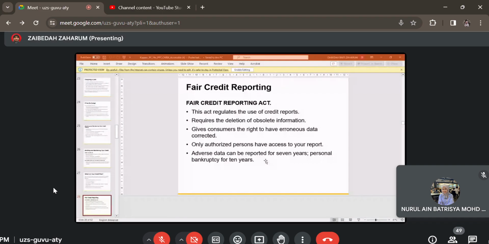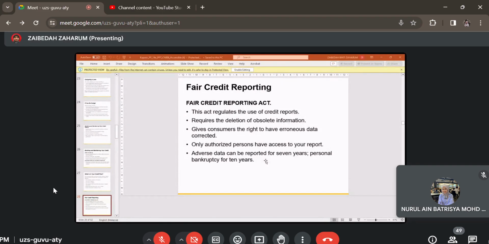Iaitu apa orang kata, kalau macam Bank Negara Malaysia tadi merupakan badan pengawas selia kewangan negara, di mana Bank Negara Malaysia tadi memainkan peranan penting lah dalam menetapkan garis panduan dan peraturan yang mengawal institusi kewangan dan industri kewangan secara keseluruhan. Okay, dan terdapatlah beberapa undang-undang dan peraturan yang relevan yang dijalankan oleh Bank Negara Malaysia dan juga agensi-agensi lain di Malaysia untuk memastikan kesamarataan dalam kredit dan perlindungan pengguna.